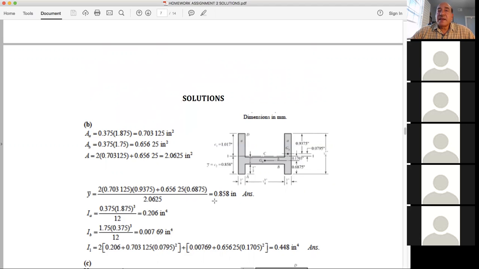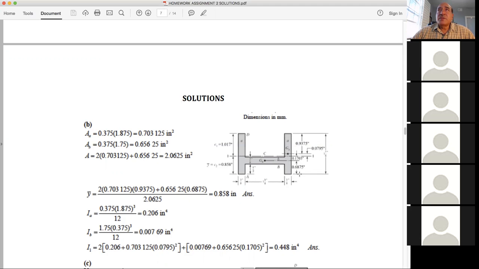And then the second idea is that if we get the second moment of area about the axis passing through the centroid of an area, then we can always move it from that area to wherever we want with the parallel axis theorem. So we just add the area times the distance squared. And that's the idea here.